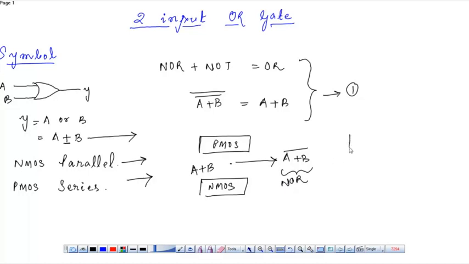So I will apply an inverter which will of course contain NMOS and PMOS.